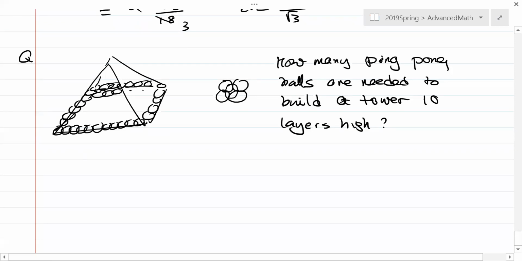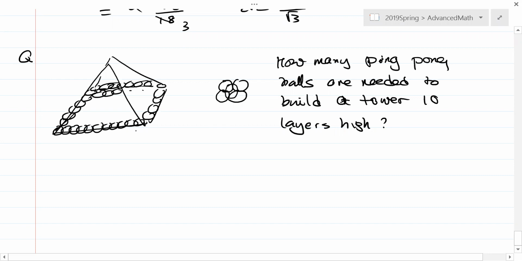Sometimes maybe you go to the supermarket and you see all the oranges stacked together like a pyramid. So you first put a square at the bottom, and then layer by layer, each time the number of oranges decreases by 1 on each side.